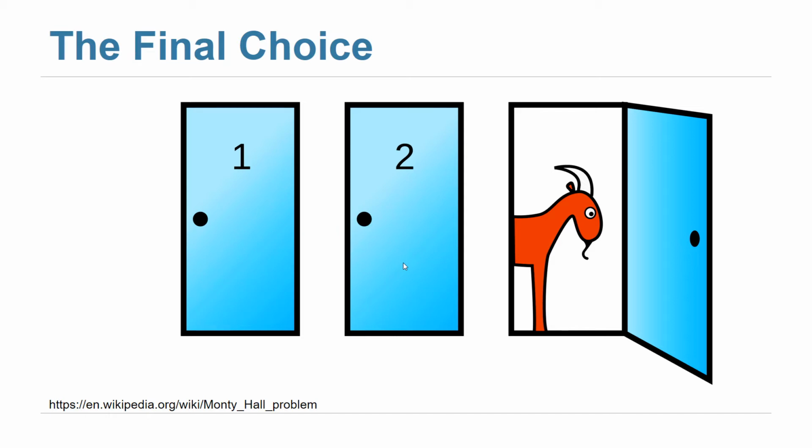Okay, let me say the question again. We said that it is 1/3 the probability that the car will be behind that door, right? Now, what is the probability that the car is behind the other 2 doors? It is the probability that the car is behind this plus the probability that the car is behind this, which is 2/3.